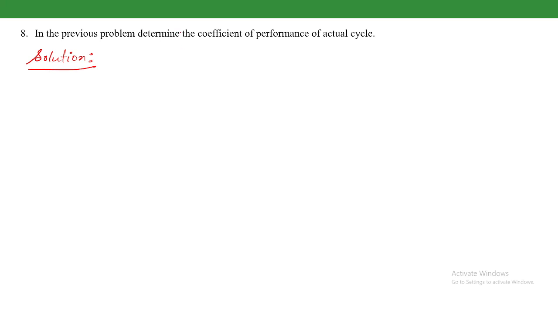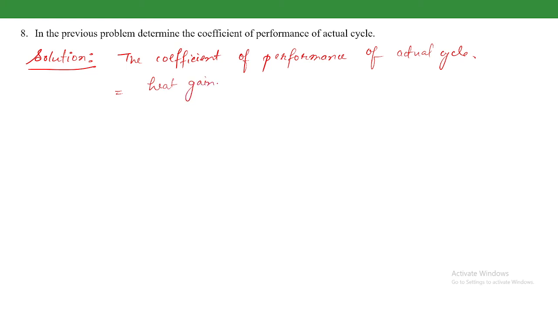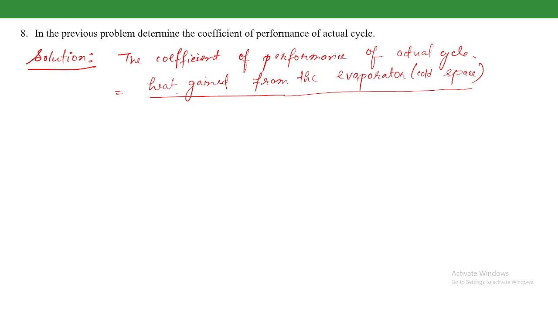So the coefficient of performance of the actual cycle is equal to the heat gained from the evaporator and the work input to the compressor.